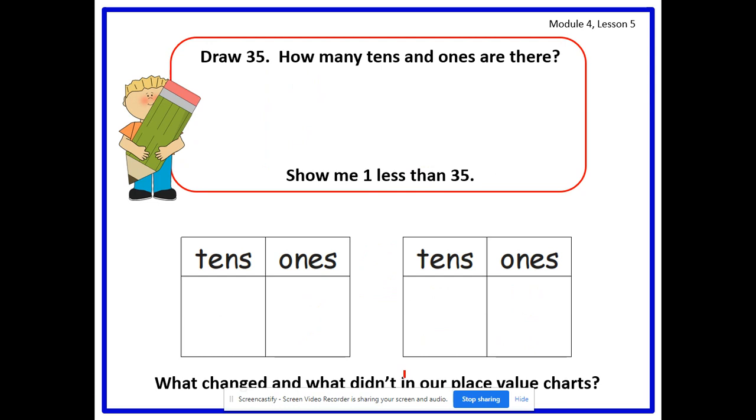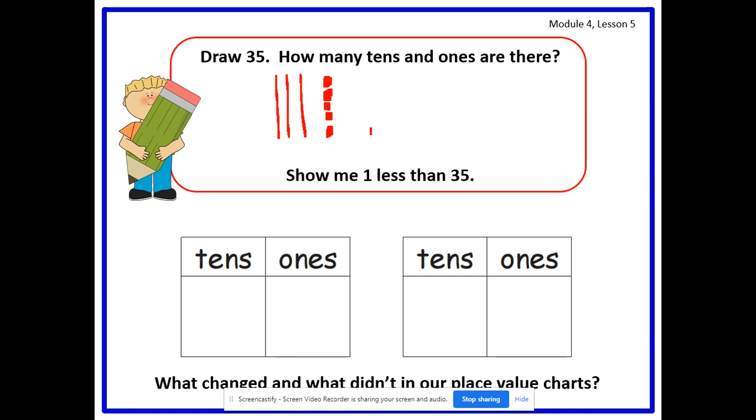Let's continue to practice. Draw 35. Press play when ready. Let's see if your picture matches mine. So you should have drawn 3 quick tens and 5 ones. So how many tens and ones are there? Get ready.